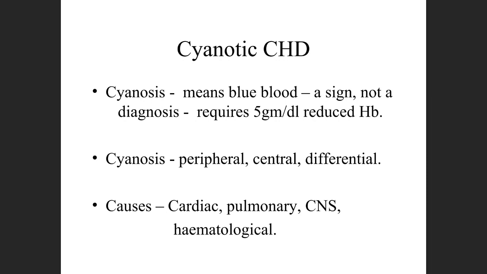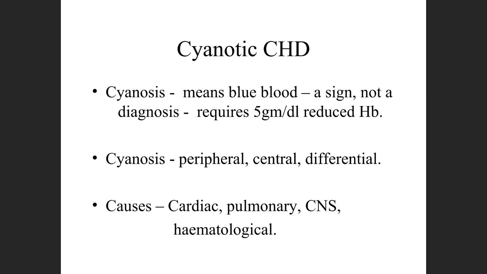There are some careful observers who can detect cyanosis when there are 3 grams of reduced hemoglobin on board in the patient. Most observers require 5 grams per deciliter of reduced hemoglobin.